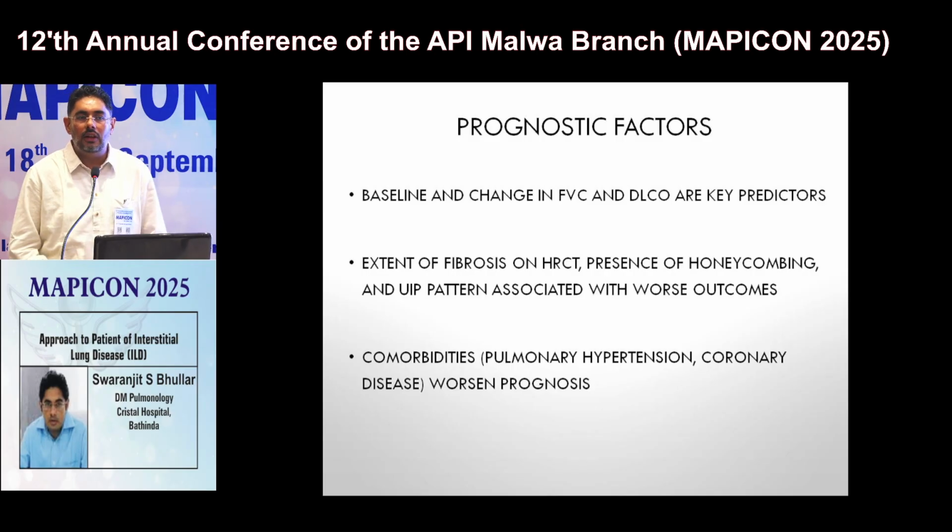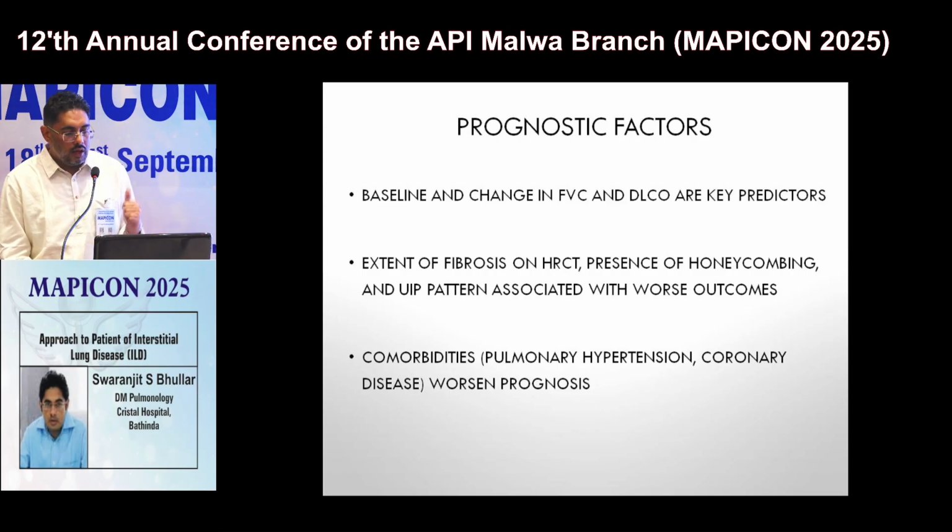I am just monitoring their PFTs and diffusion every 6 months. They are just not progressing. So it is just like malignancy. Some of these patients may progress very fast, some progress very slow. If they are progressing very slowly, your treatment intensity will also be low.